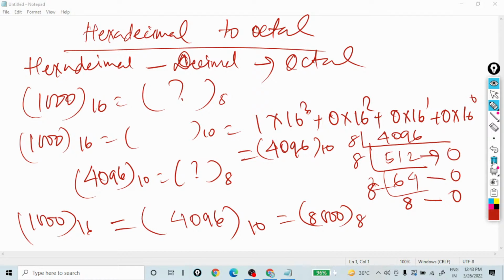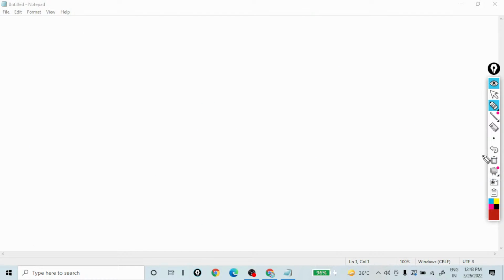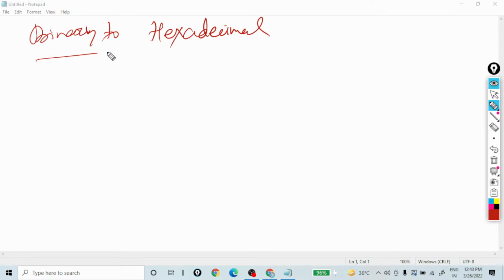Then how can you do the reverse? Reverse means, suppose binary to hexadecimal. How to convert binary to hexadecimal?